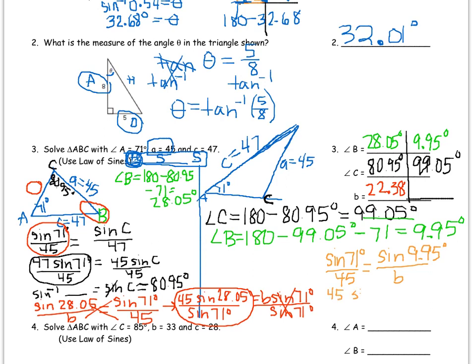I'll cross multiply: 45 times the sine of 9.95 equals the sine of 71 times B. Divide both sides by the sine of 71. Okay, and then you'll find your third side is 8.22.